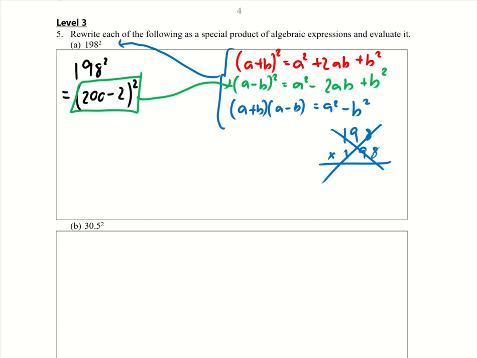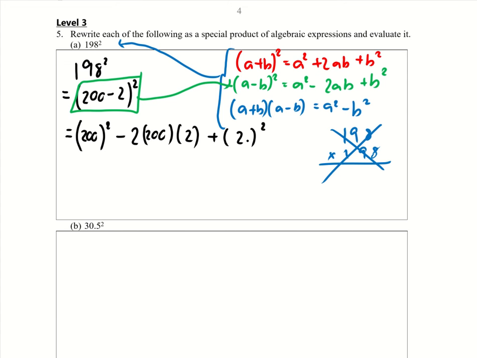So what I can do is expand this. If I expand this, I will have a squared minus 2ab plus b squared. Your a is 200, and your b is 2.